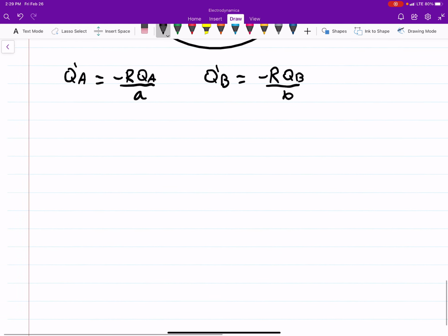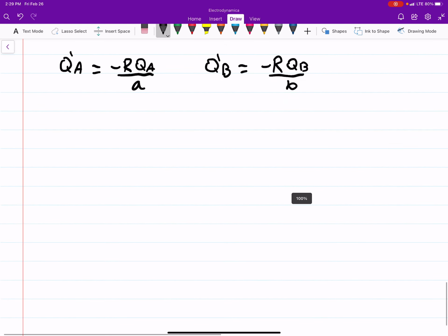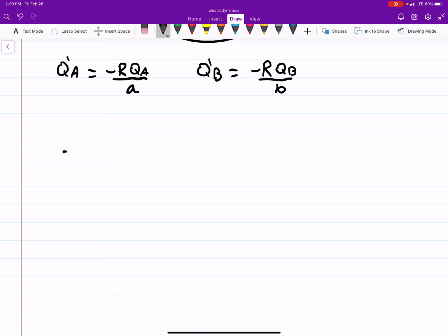So when we're dealing with these forces, we're going to use Coulomb's law, which, if you forgot, says Q1 Q2 over 4 pi epsilon naught script R squared, R hat. Okay.